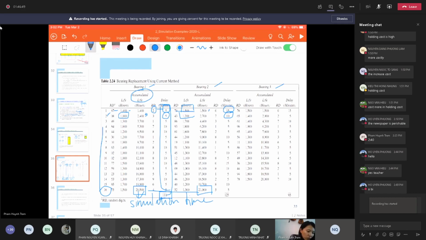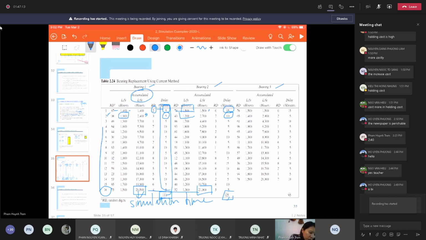For bearing two, also in that period, we have to replace around 16 bearings, and the total delay time for changing bearing 2 will be 125 minutes.